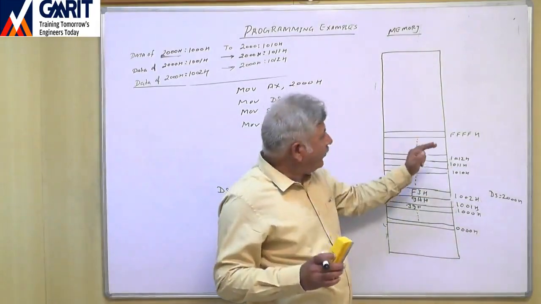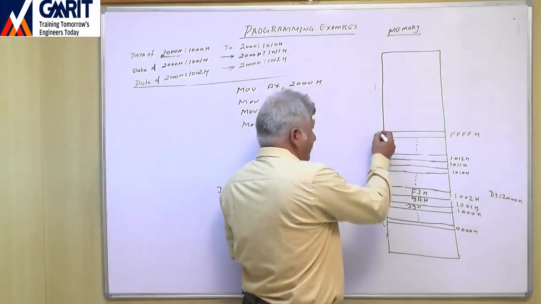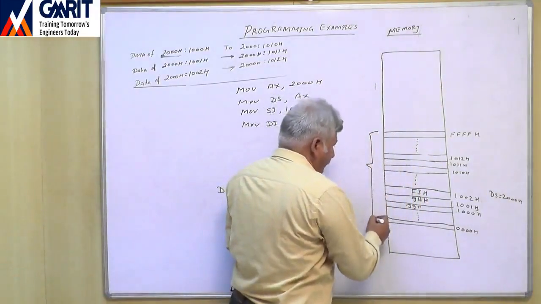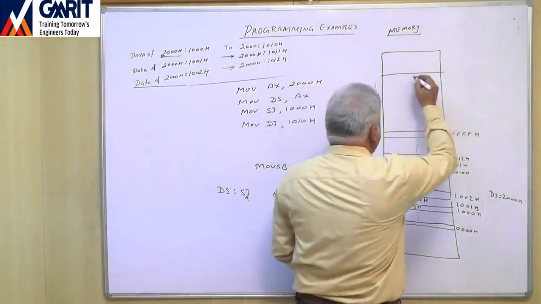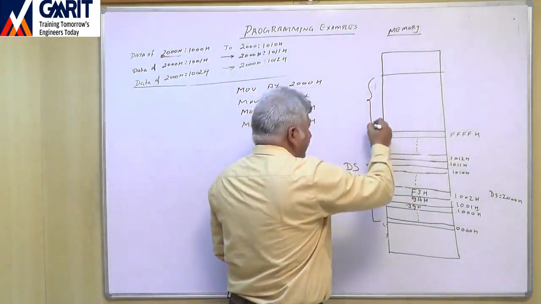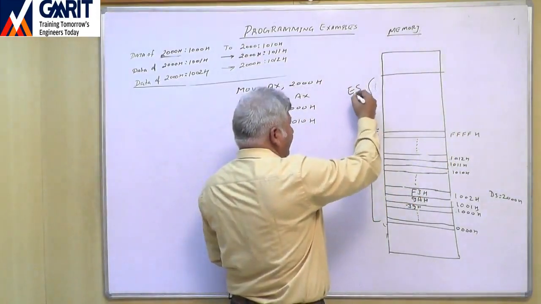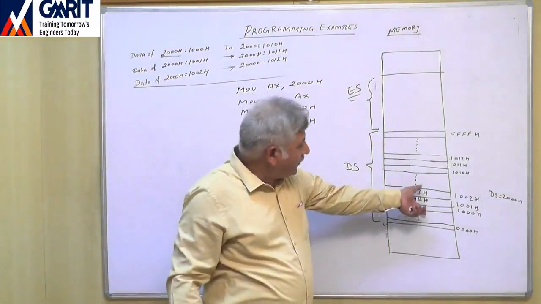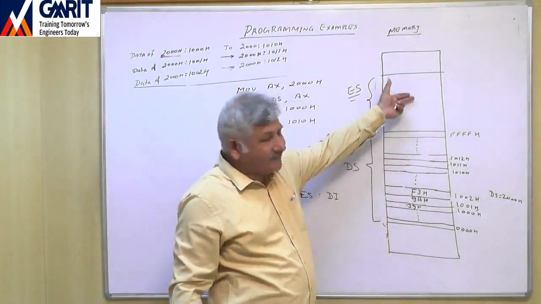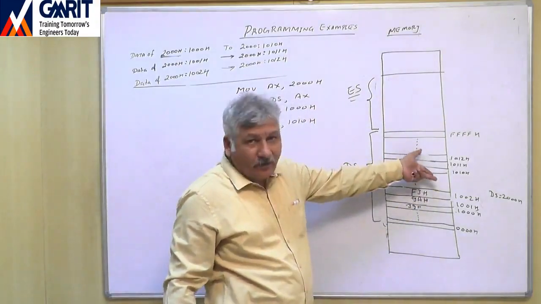We know that this is our data segment, and let us assume this section of the memory is our extra segment. Basically, we are not transferring our data from data segment to extra segment. We are transferring our data only from data segment into data segment.